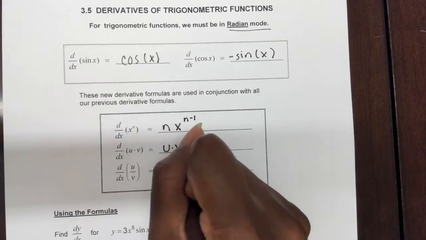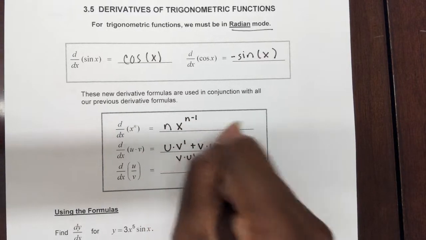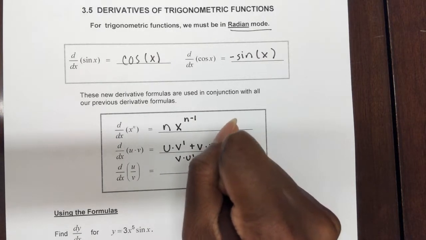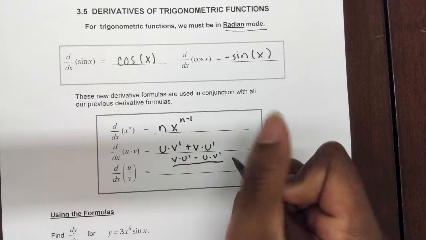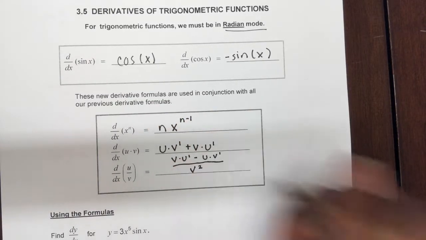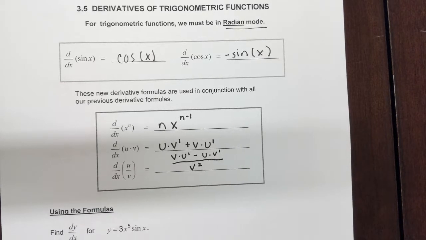And for quotient rule, we know we have v times u prime minus u times v prime over v squared. So we're going to use cosine and sine in conjunction with these other formulas to help us with these notes.